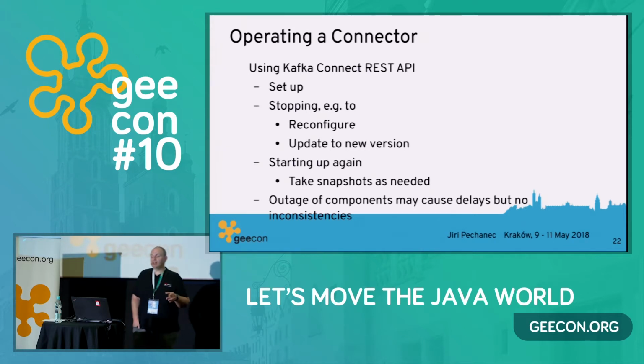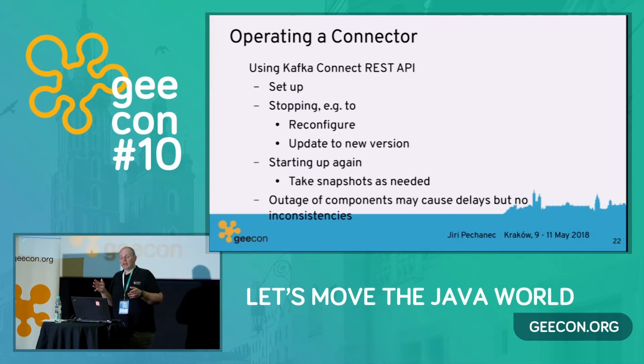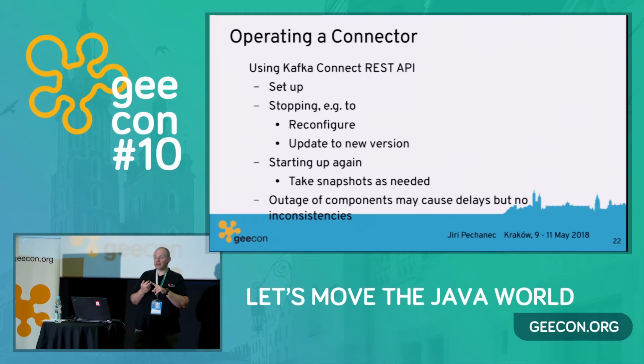How the connectors are operated. Kafka Connect provides a REST API that allows you to register the connector, to set it up, and to manage the life cycle of the connector.